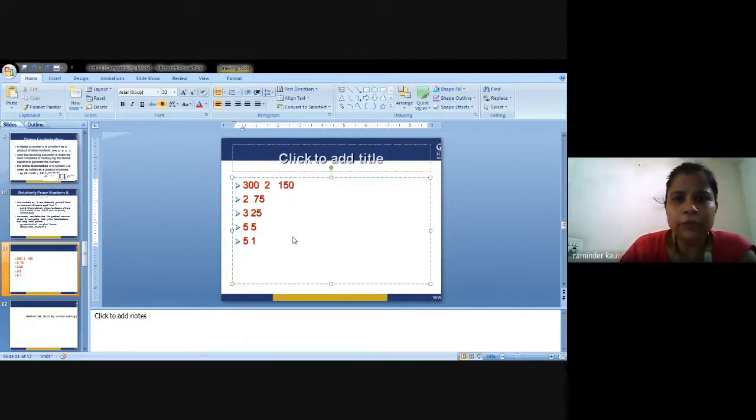So 300 is 2 raised to power 2, 3 raised to power 1, 5 raised to power 2.